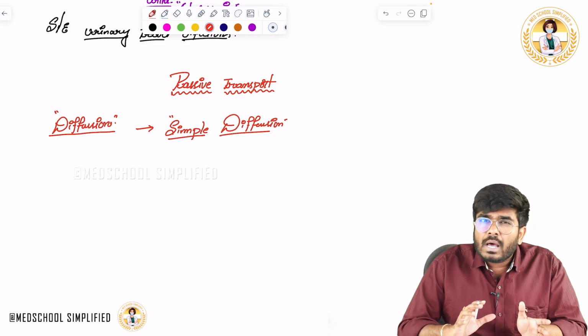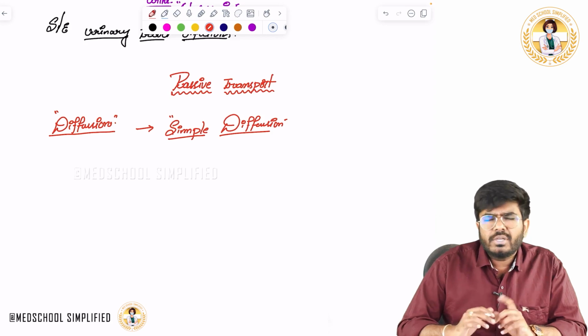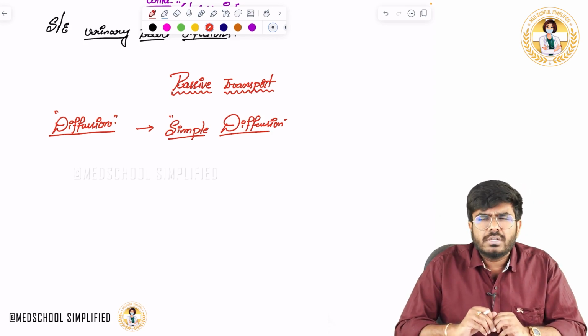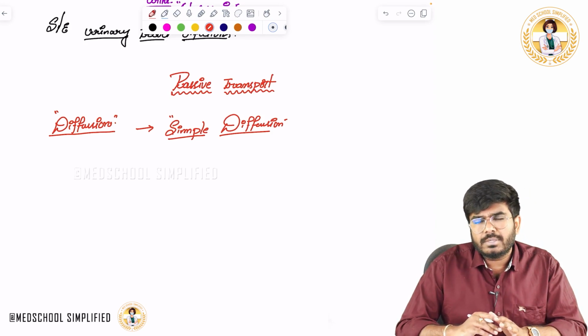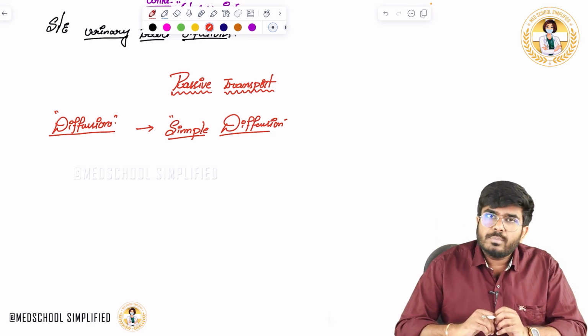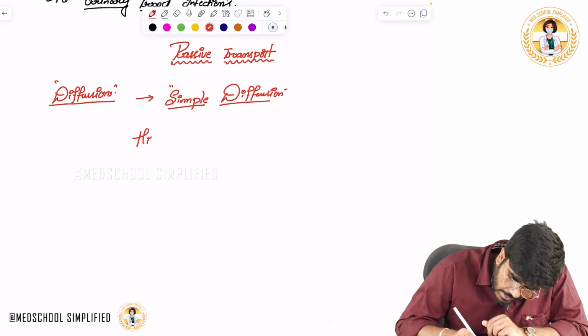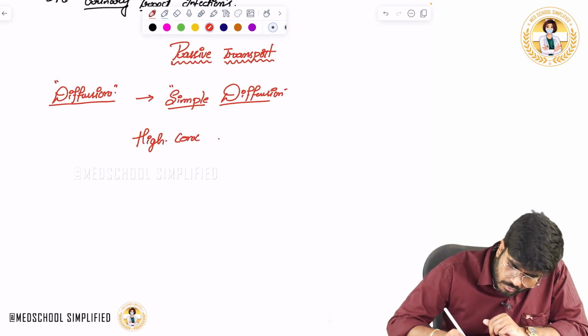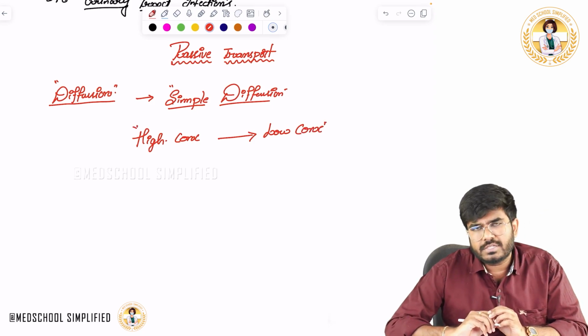Gases move according to their partial pressure, from high partial pressure to low partial pressure. That is an example of simple diffusion. If any substance moves from high concentration to low concentration, it happens by nature. There is no need of any energy.